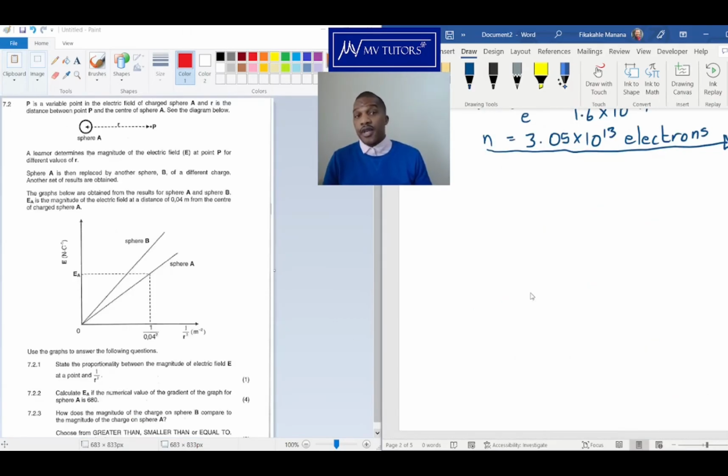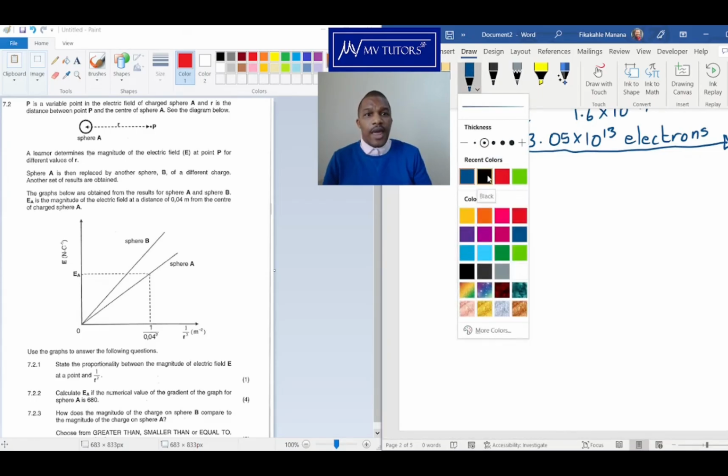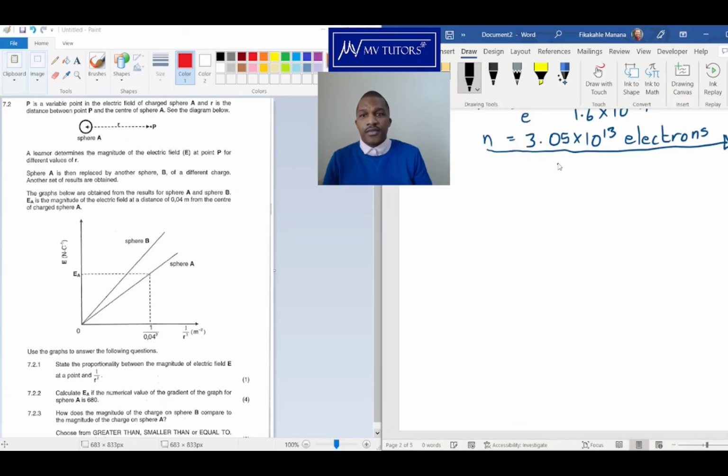Let's do question 7.2 now. Let's just change the color of this pen. Let's go black this time. It says P is a variable point in the electric field of a charged sphere A, and r is the distance between point P and the center of sphere A. See the diagram below.